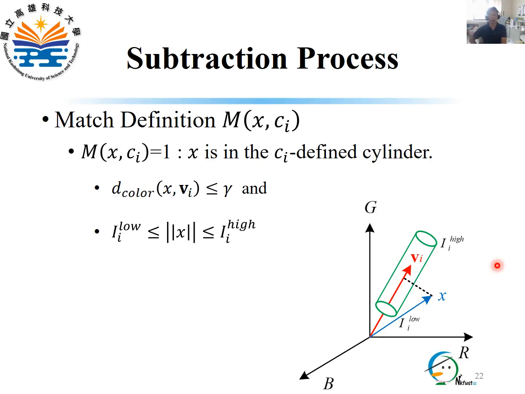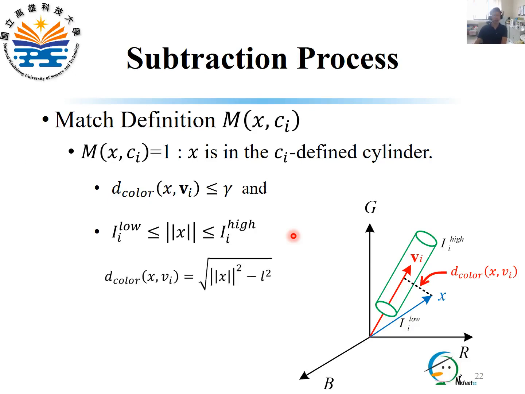With this color model, the match of a sample X to the codeword C_i, denoted as M(X, C_i) equal to 1, is defined as X being inside the C_i-defined cylinder. It has to satisfy these two conditions. The distance from X to V_i, d_color(X, V_i), is less than the cylinder radius gamma, and the length of X is between the two defined cylinder bases I_low and I_high.